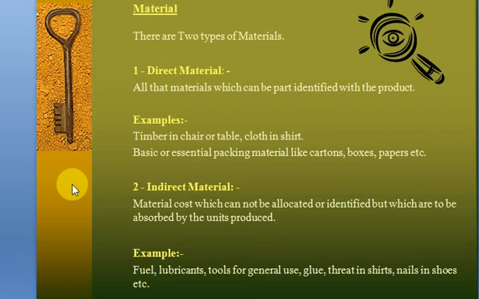Look at shirts. Shirts consist of cloth, buttons, and thread. When you say my shirt is made of buttons, no, you say my shirt is made from cloth. So cloth is the dominant part. Button is also a dominant part.